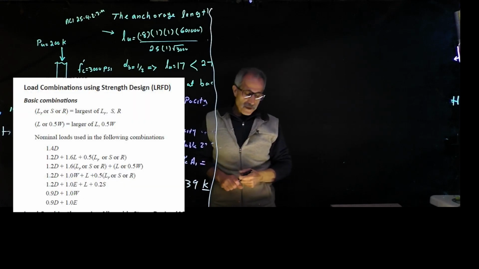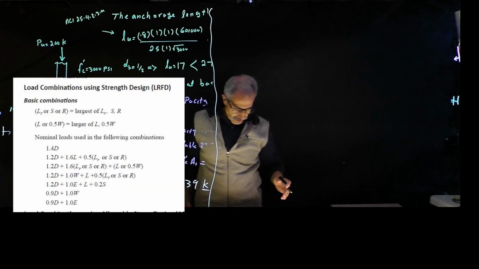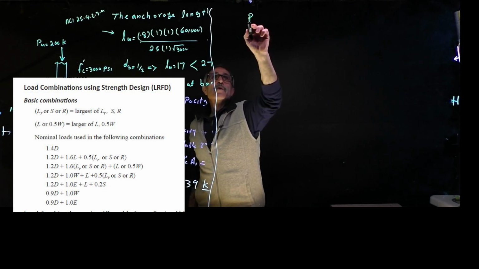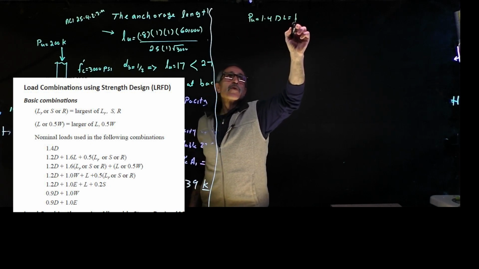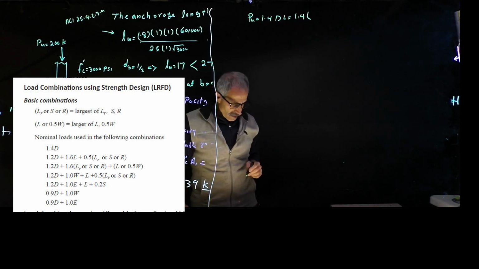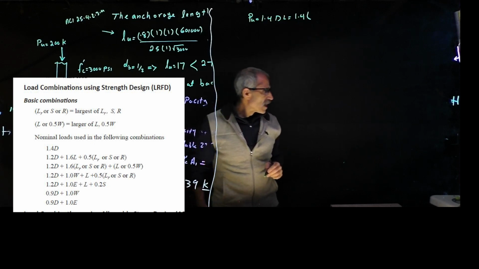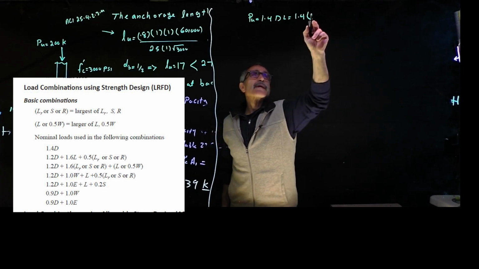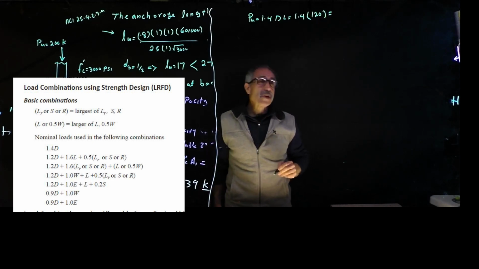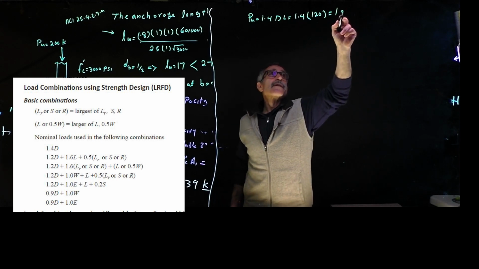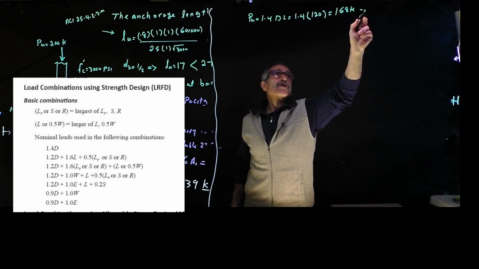If you look at the LRFD, there are two load combinations that apply here. One of them is Pu equals 1.4 times dead load, which is 1.4 times the dead load given as 120 kips, and that should give us about 168 kips. So that's one combination.